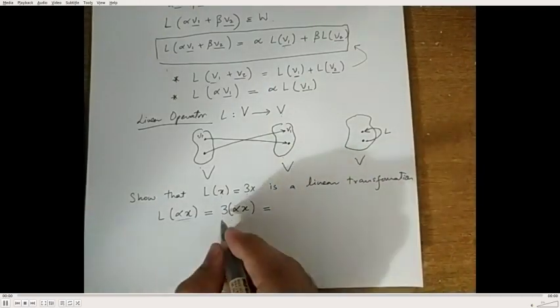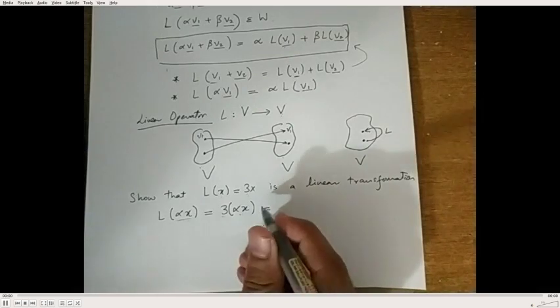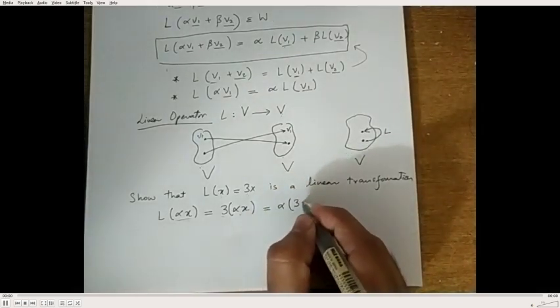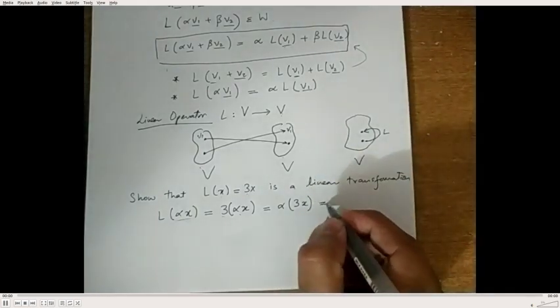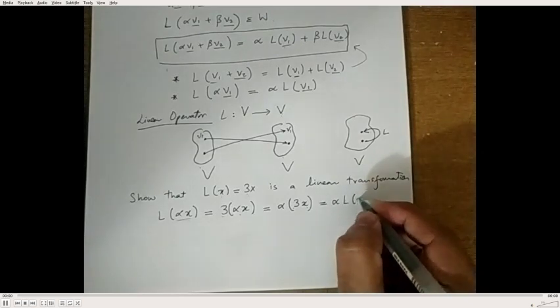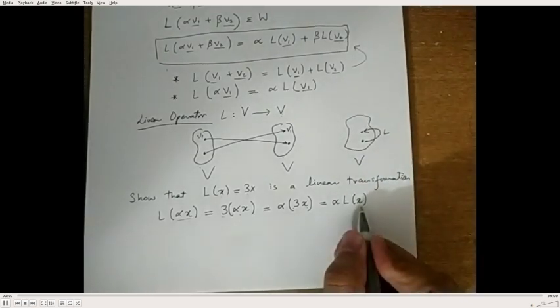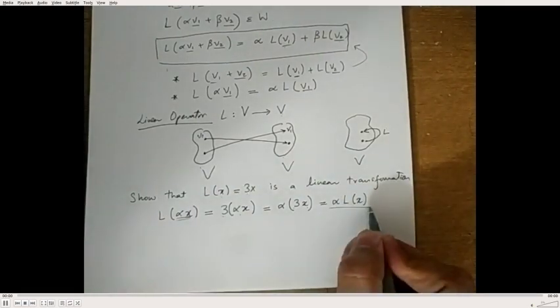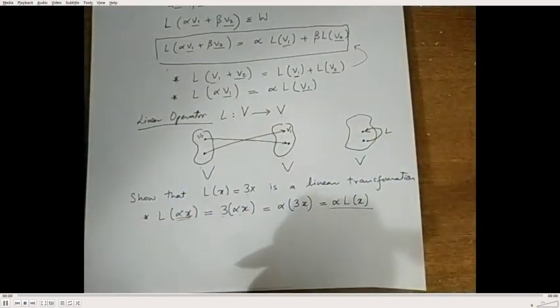And now I can switch this because this is just algebra. You can write this as alpha times 3 times x, which of course is nothing but alpha times the image of x. And so you have that the scalar multiplication stays a scalar multiplication. That's the first criterion.